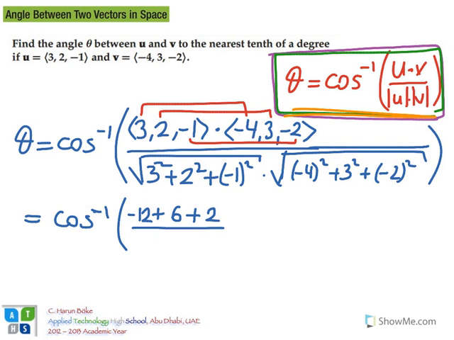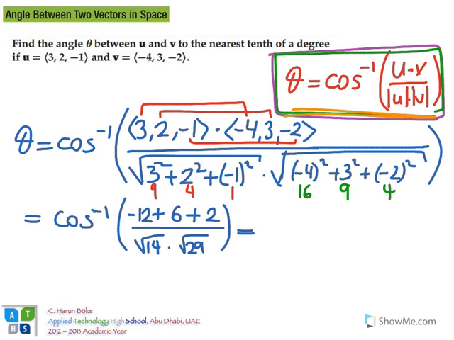In the denominator, 9, 4, and 1 add up to 14, so this is the square root of 14, times the square root of 16 plus 9 plus 4, which is 29.